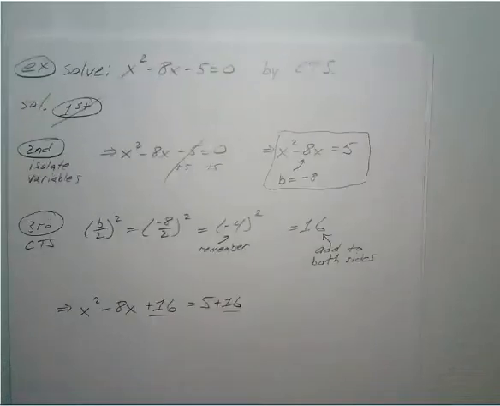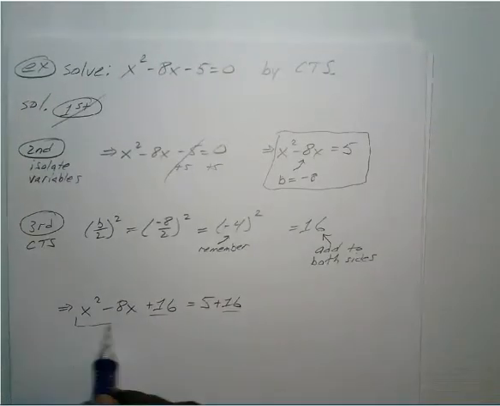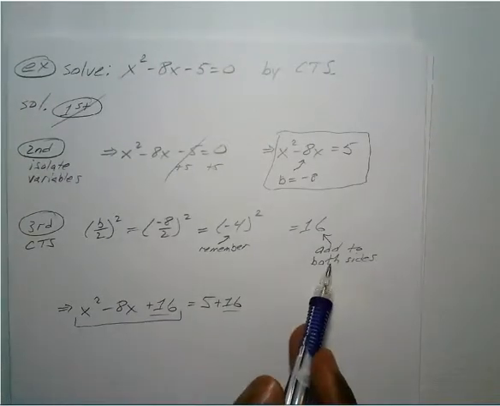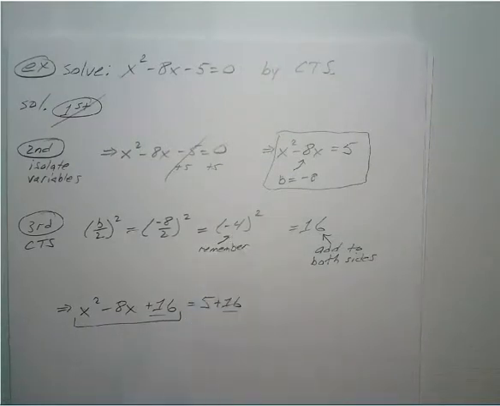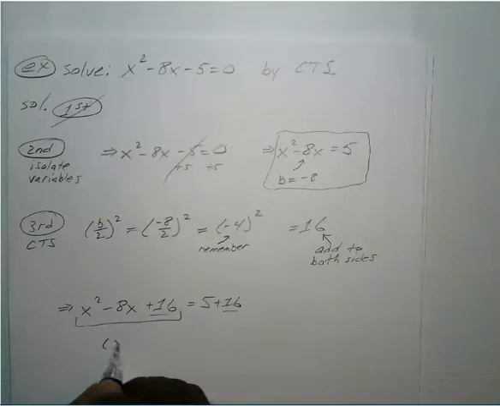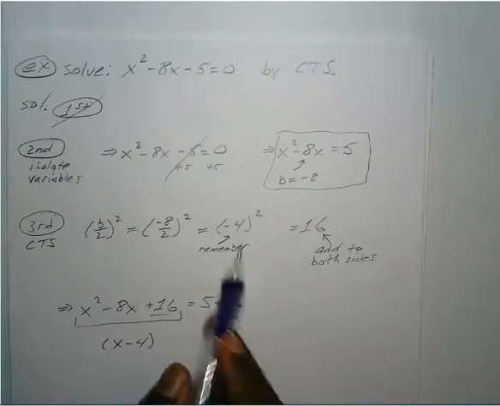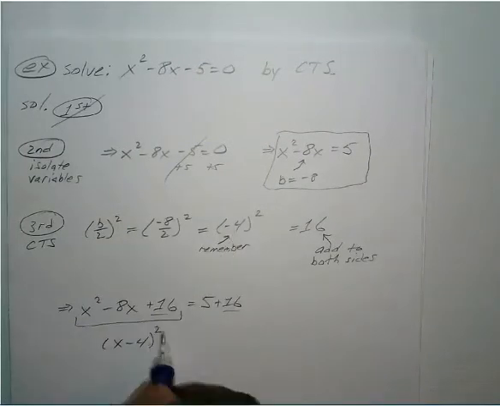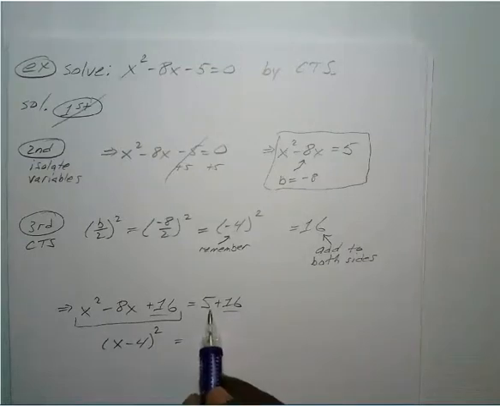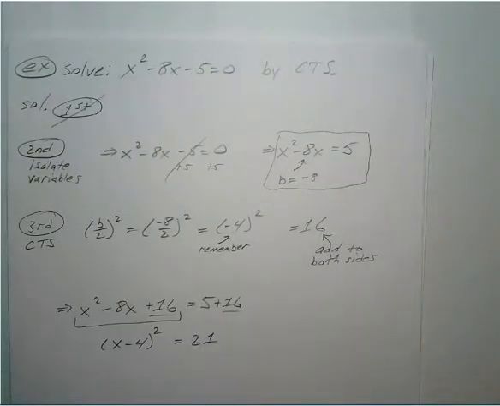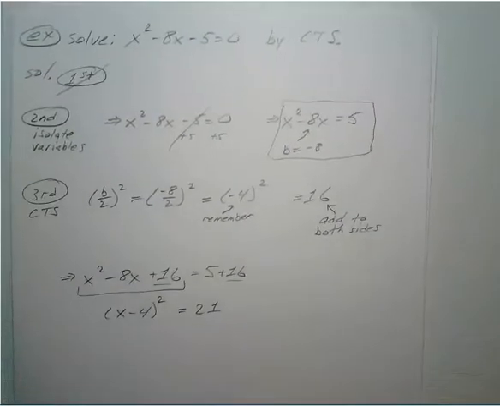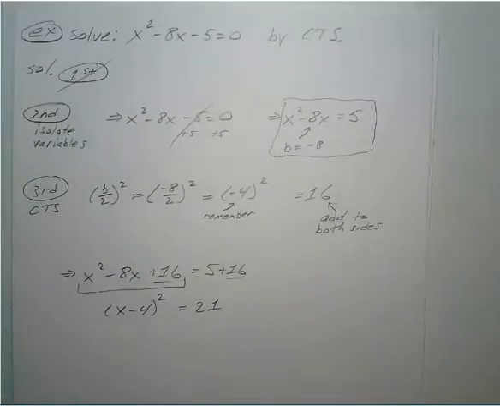And if you did everything correctly, as soon as you add your completing the square value, and remember that part that we pointed out, this just becomes x minus 4 because that's a negative 4. x minus 4 squared equals 5 plus 16, which is 21. So we're done with our third step.